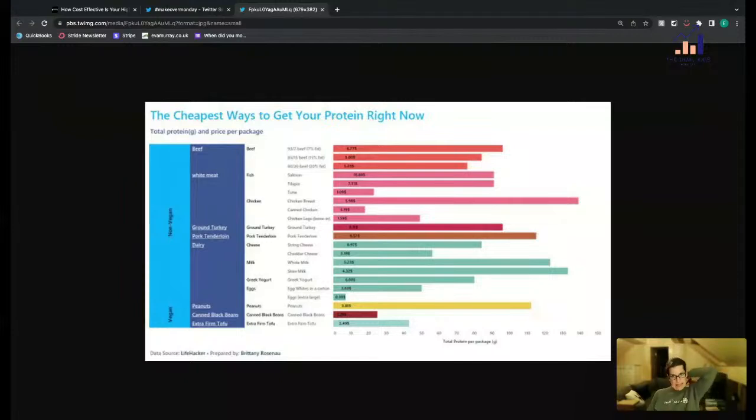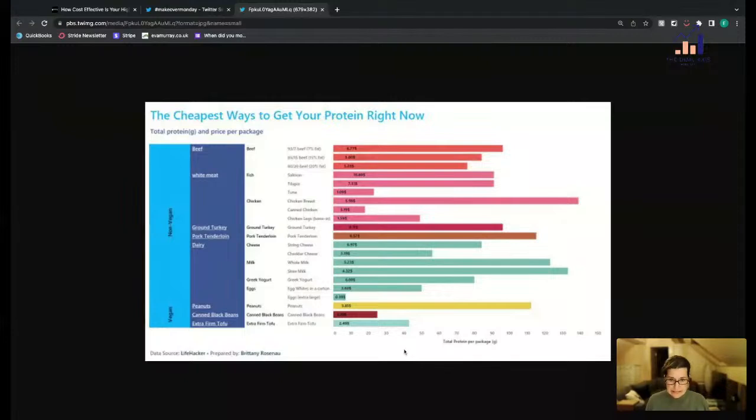What I don't understand is the viz says the cheapest ways, but they're very different in terms of the price. But also, it doesn't actually tell you the price. Like the price is in the bar, so I can't actually compare the price because the dominating feature is the length of the bars and the color, and that really focuses on how much protein is in each package or in each portion.